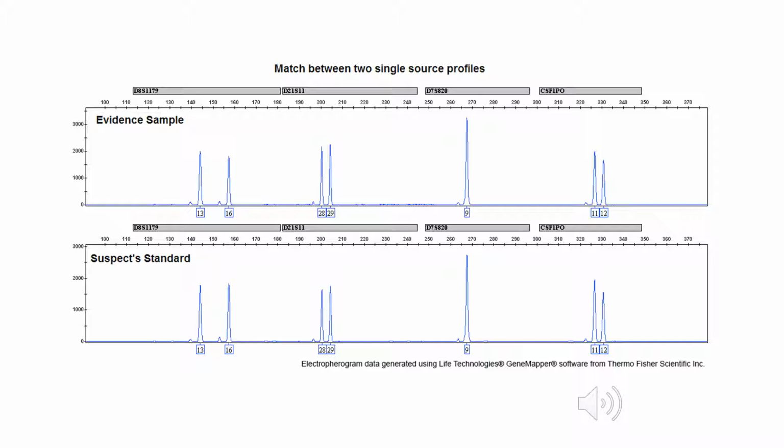Looking at the second one, the suspect standard, you can see at the same loci position and the same numbers that the short tandem repeats of the suspect match almost in length to that of the evidence sample. So were this a true crime situation, you would say that the suspect was at the scene of the crime.